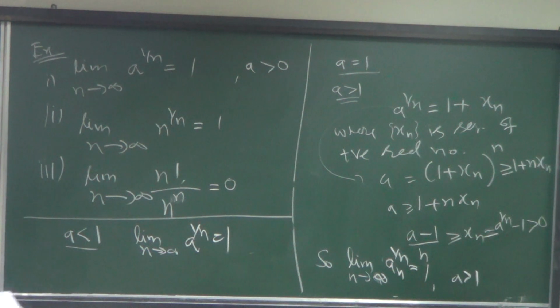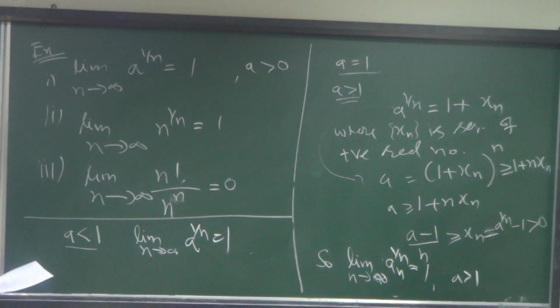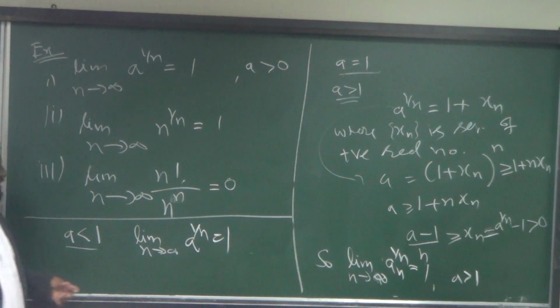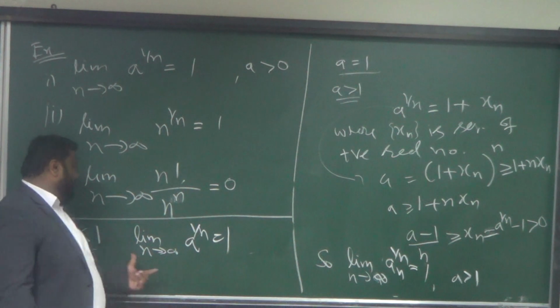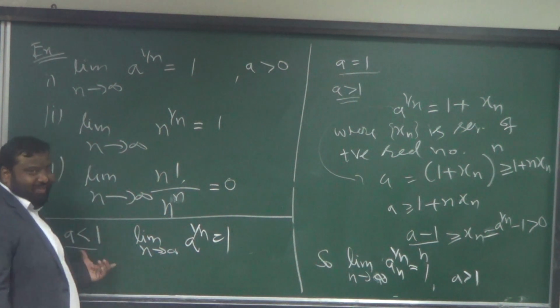Okay. Let me just give a quick hint. Contradiction? What do you mean by contradiction? If you have to do contradiction, assume the contrary, you should assume here actually, not here. That's the condition.